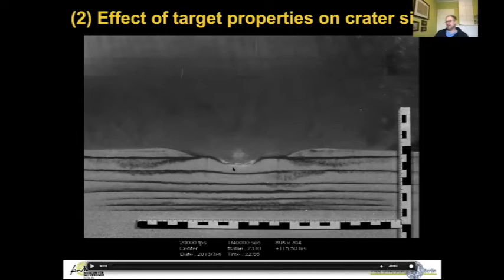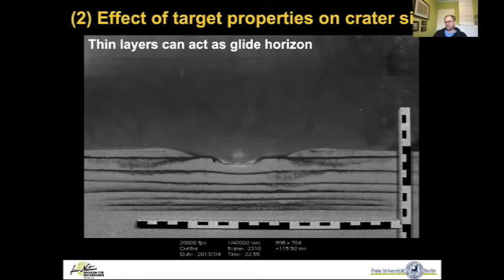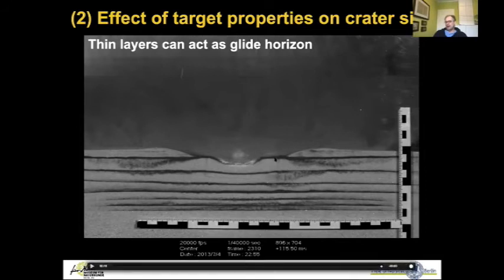And I think in this particular case, it was mostly due to the fact that cacao is a bit oily and the material can glide very easily over it. So it acted a little bit as a glide horizon, so that material was easier to transport outwards than downwards into it. And only when it overcame a certain threshold, another crater started to form.